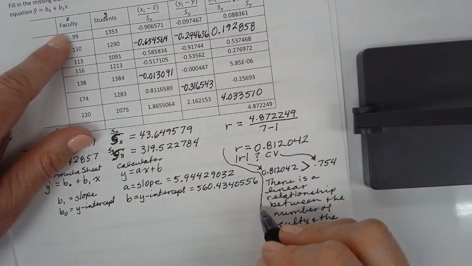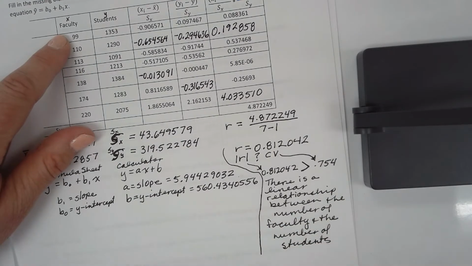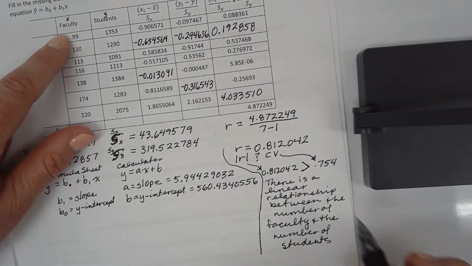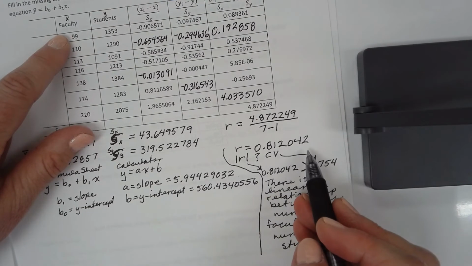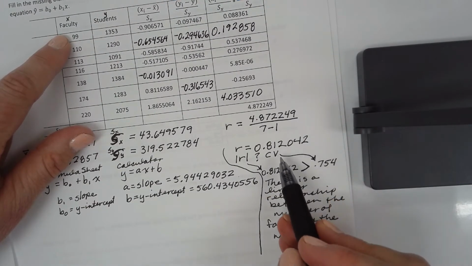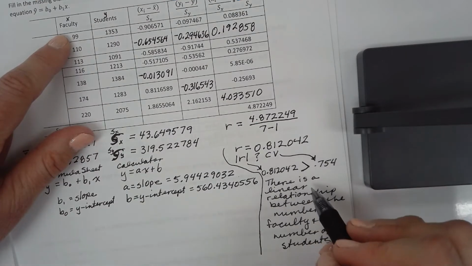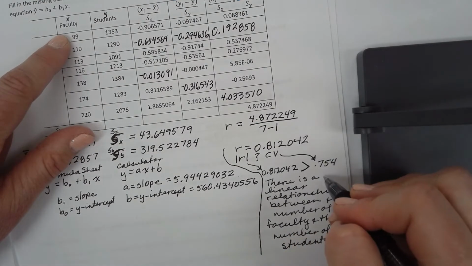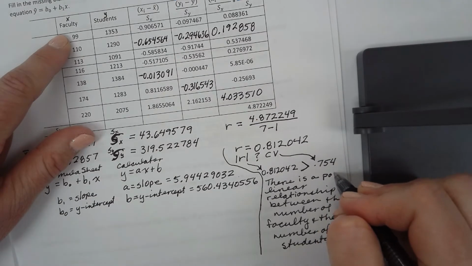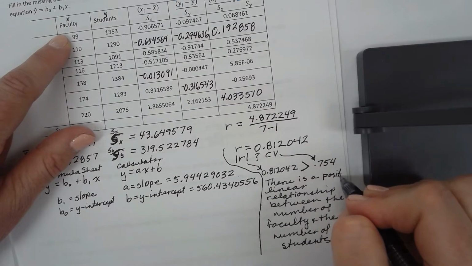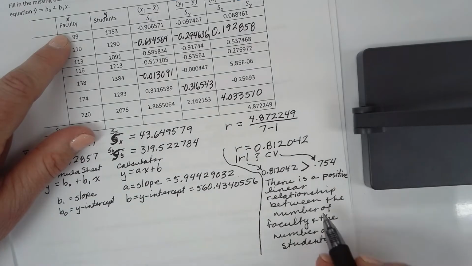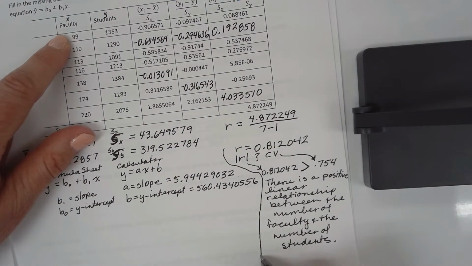Okay, so is that linear relationship positive or negative? Positive, because the R was positive to begin with. If it was negative to begin with, then we would say there's a negative linear relationship. So we're going to say there is a positive linear relationship between the number of faculty and the number of students.